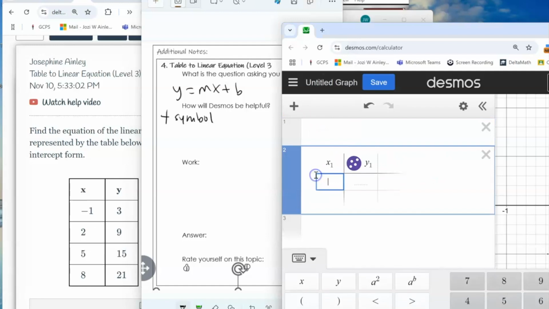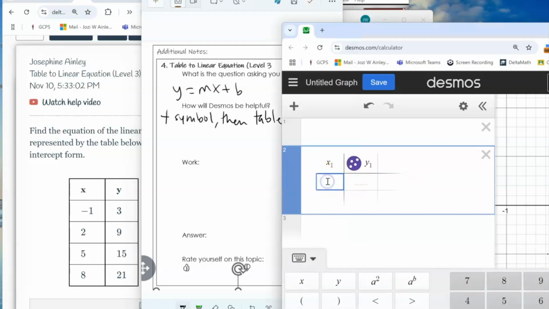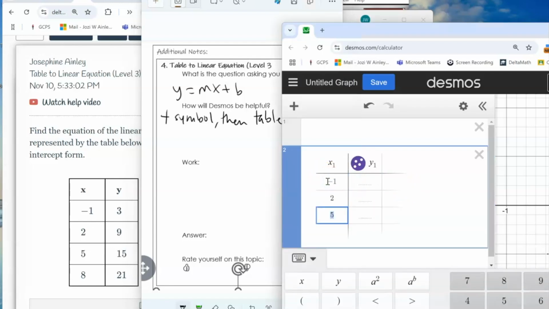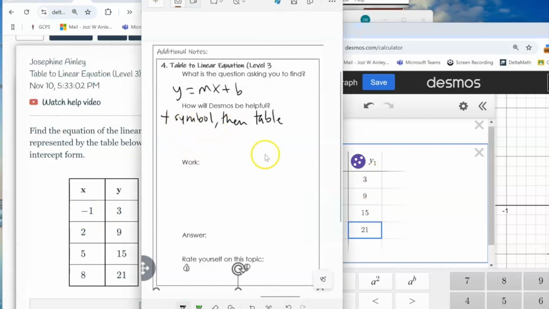Plus symbol, then table. This is a quick reference sheet to use so that you can use it on your test. Input your numbers. So it's going to be -1, enter, 2, enter, 5, enter, 8. Then here, 3, enter, 9, enter, 15, enter, 21. And please double check your numbers to make sure you entered the right thing. So plus symbol, then table, type it in.